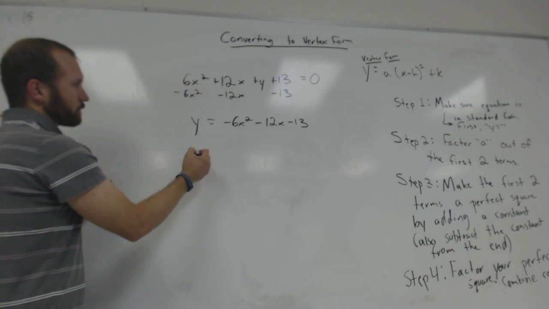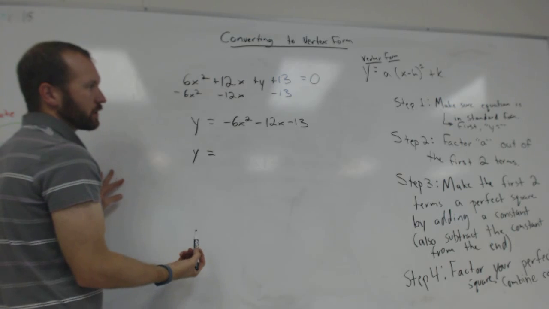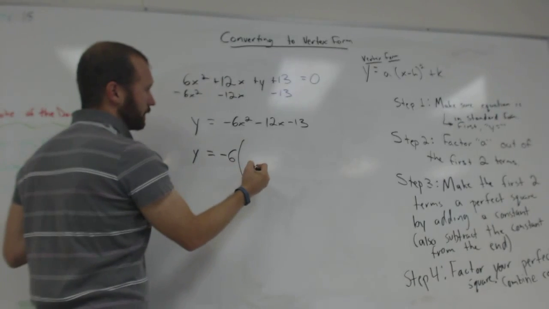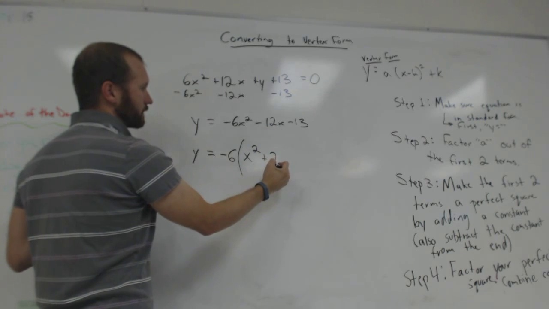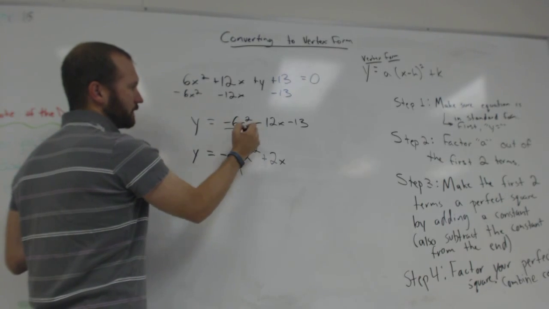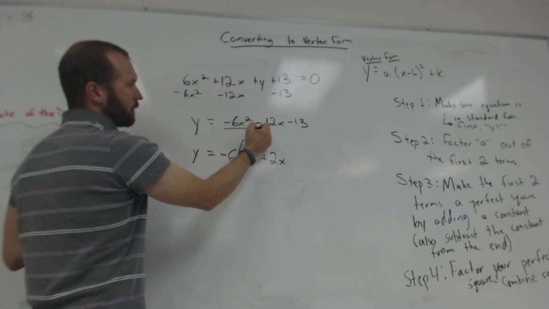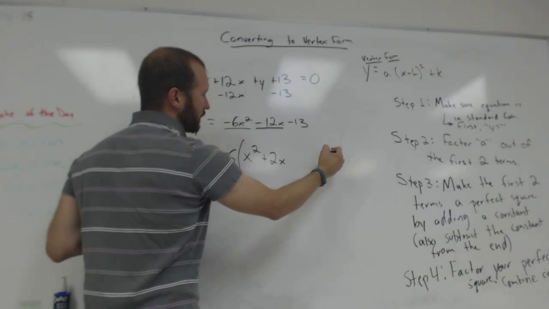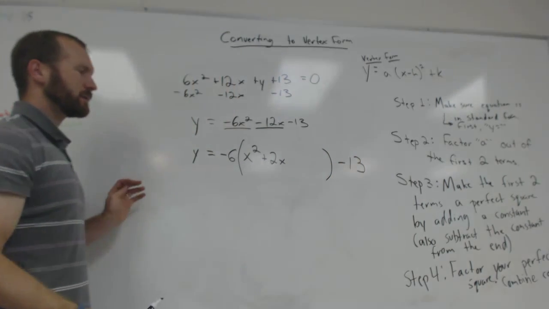Alright. I have to factor out a from the first 2 terms. So I have negative 6 times x squared plus 2x. Negative 6 times x squared makes negative 6x squared. Negative 6 times positive 2x makes negative 12x. I'm going to leave myself a space, and then I just leave the minus 13 as is.